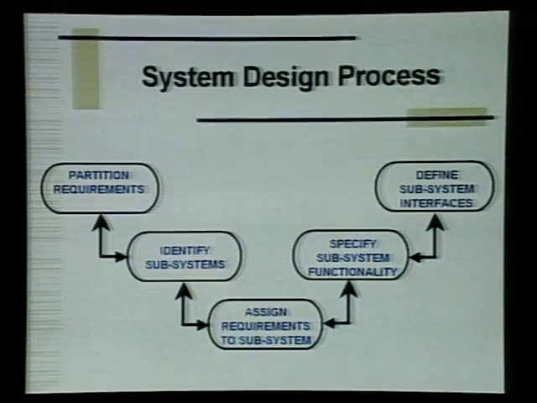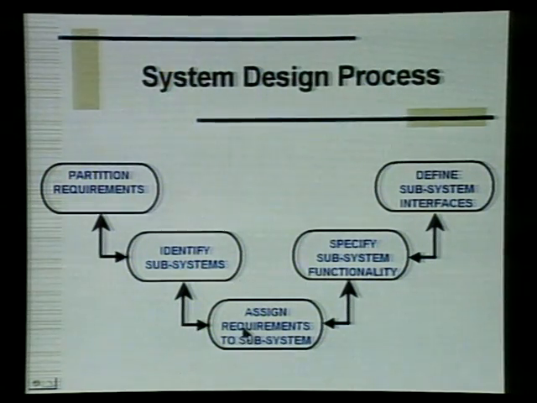The next phase of the design is assigning requirements to the subsystems. During this phase, you have to assign the requirements which have been obtained in the first phase of the system engineering process to the subsystems in such a way that a requirement or a group of requirements can be implemented in a single subsystem.